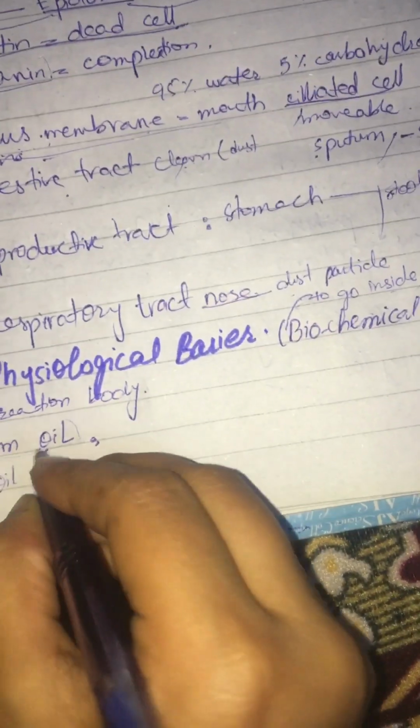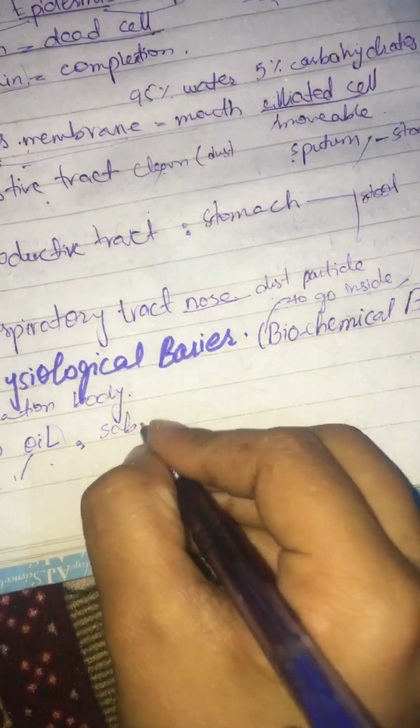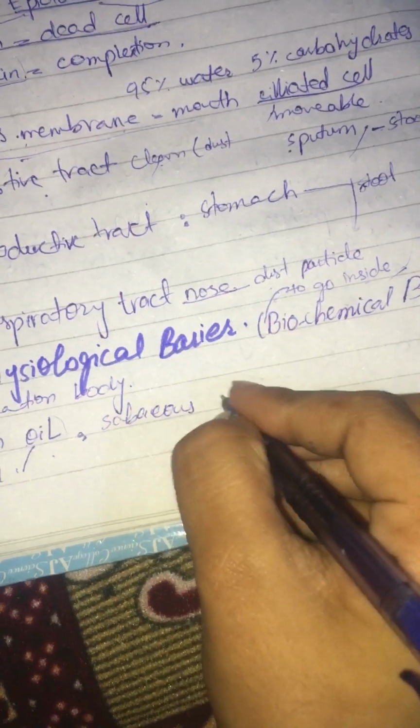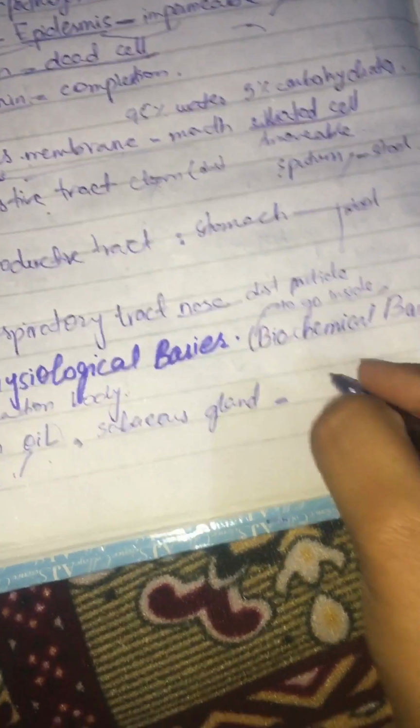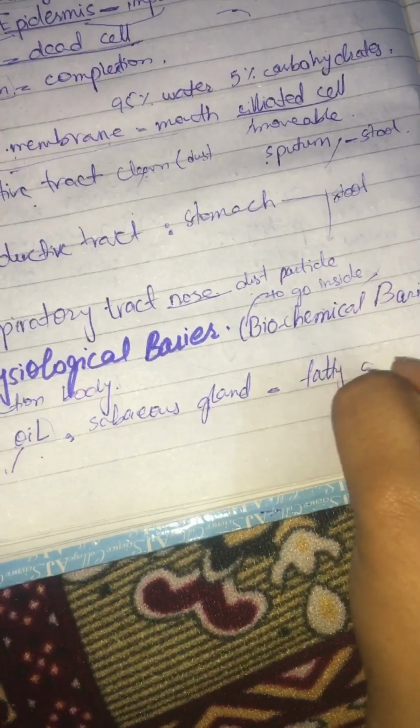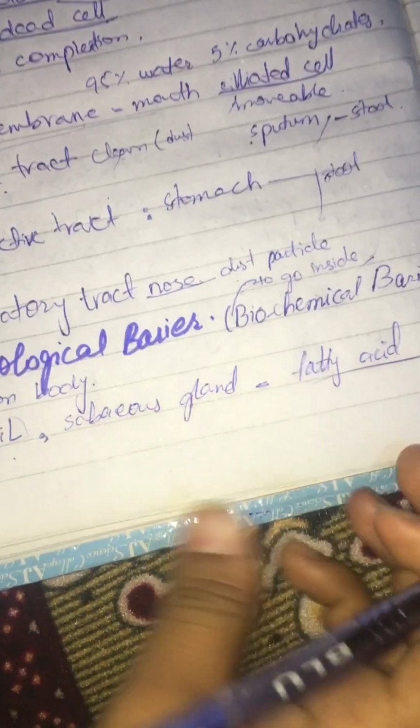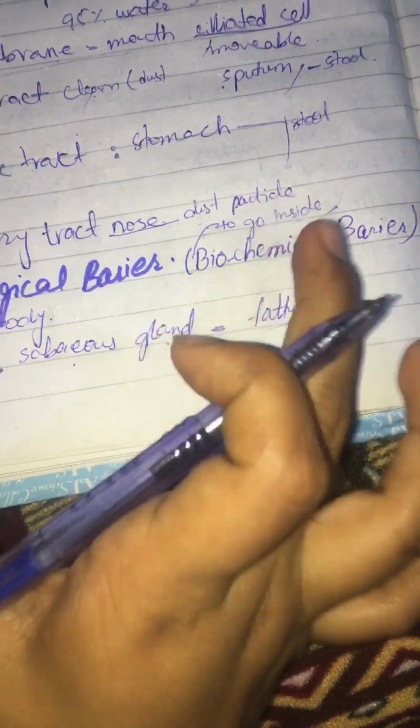This sebum oil is secreted by the sebaceous gland, and sebum has fatty acid. We have studied before that our skin has three layers.